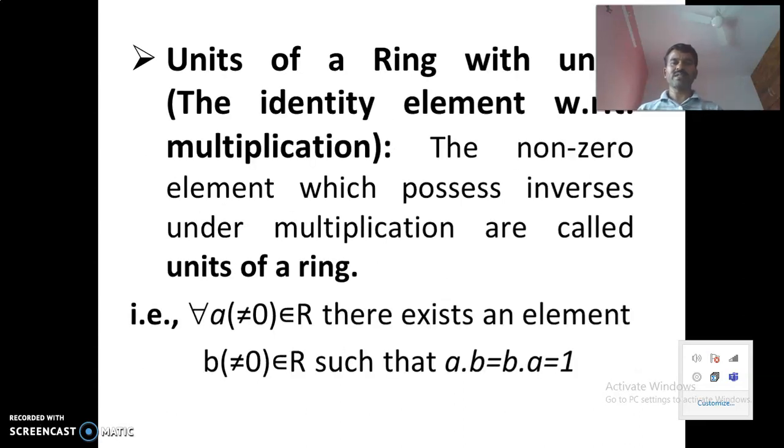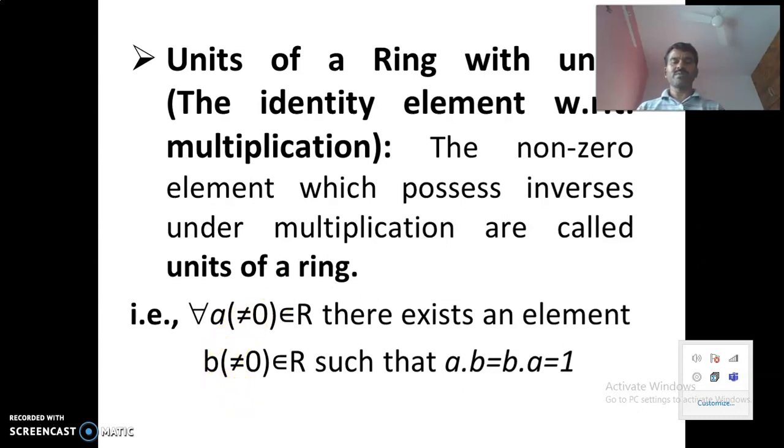Next we shall see the definition of units of a ring with unity, that is the identity element with respect to multiplication. The non-zero elements which have inverses under multiplication are called units of a ring. Means any non-zero element which satisfies the inverse axiom under multiplication is called a unit of a ring.